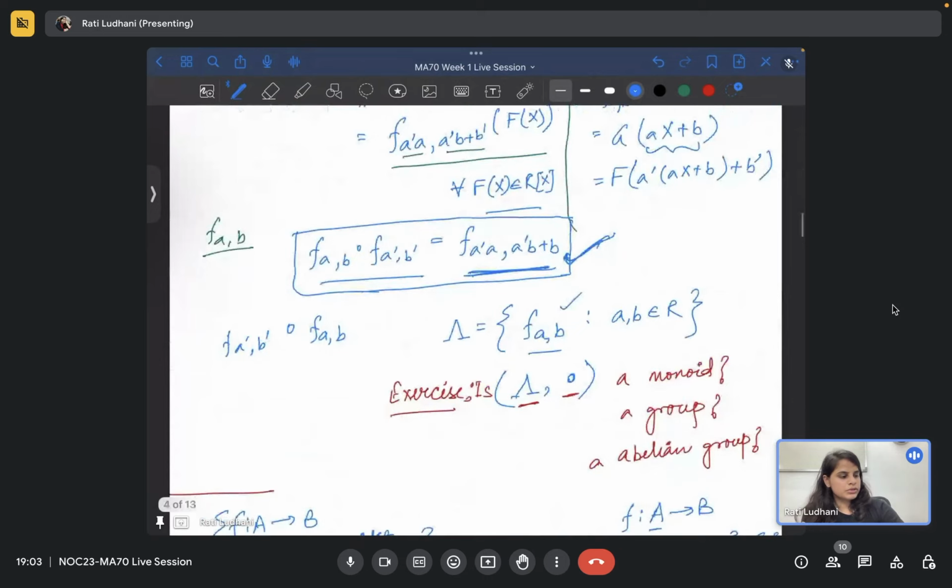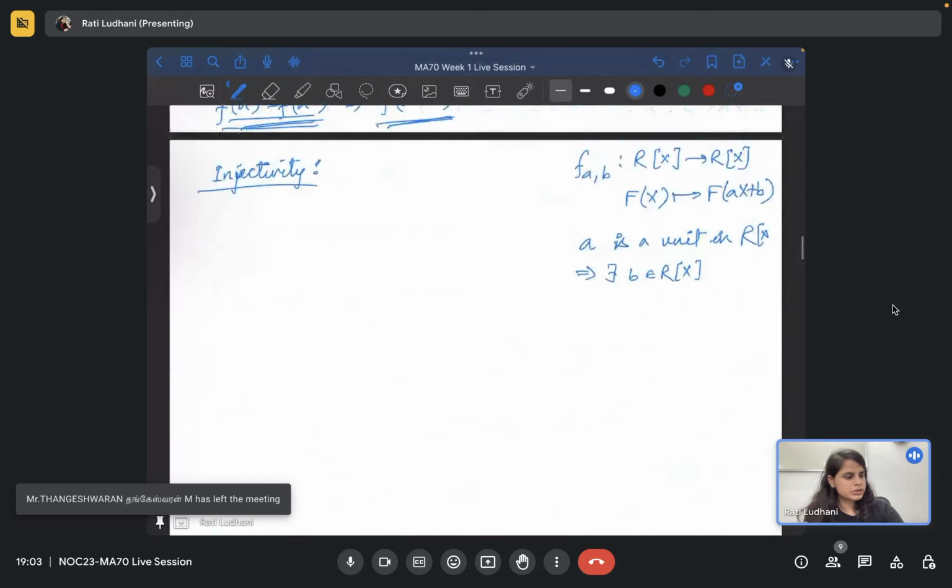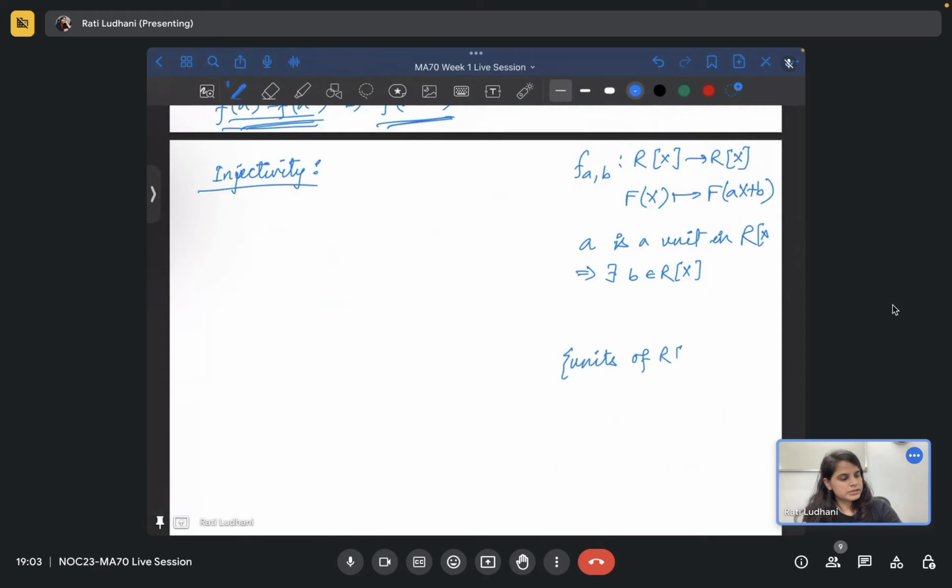Although you can also verify that, this was also in the lectures: the units of R[x] are the same as the units of R. You can verify this thing, but it was in the lecture notes, so I can skip.